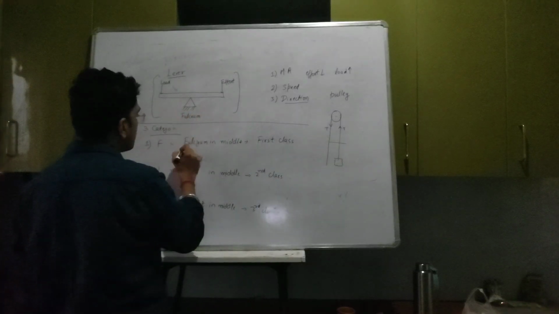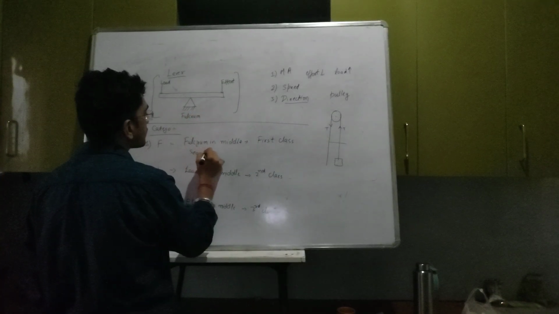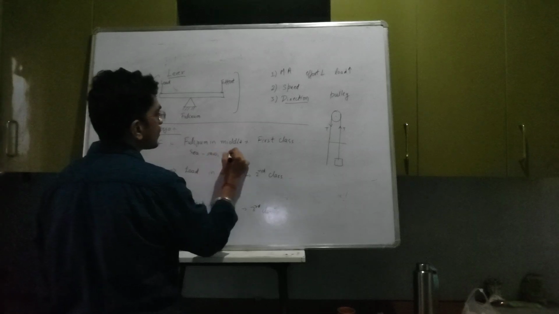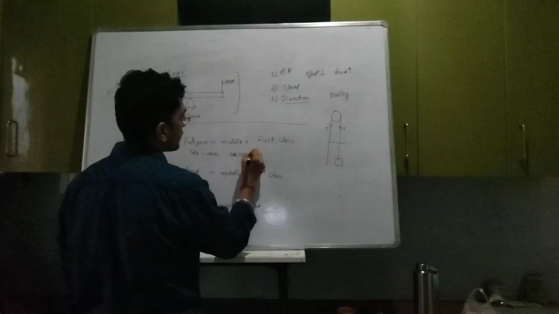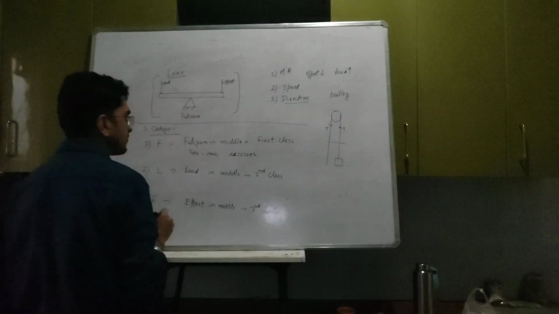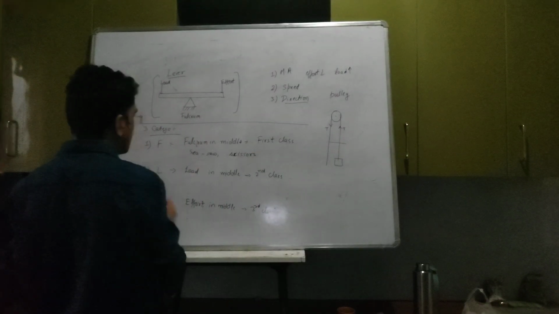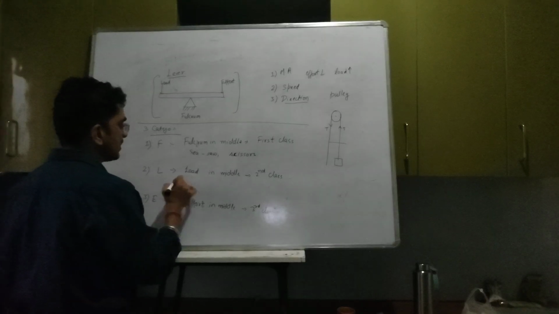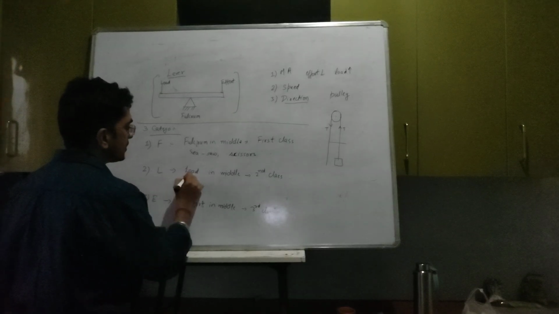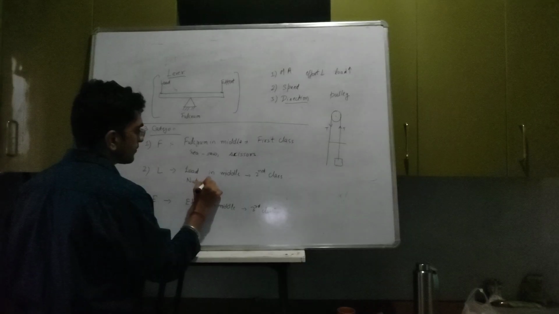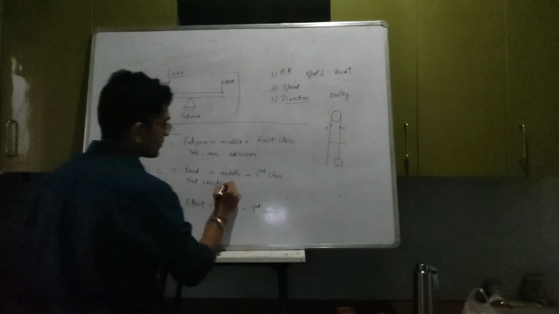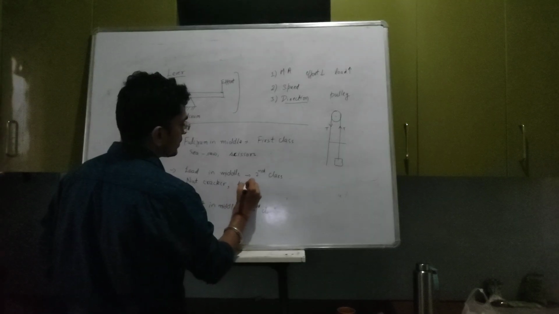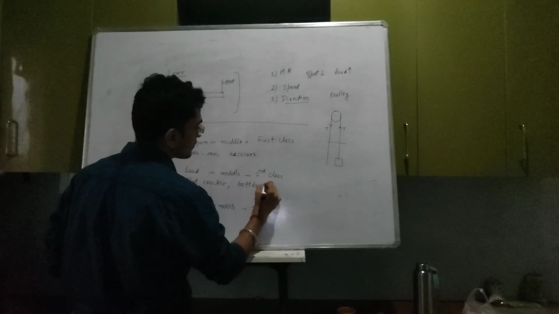An example of the first class of lever is a seesaw, scissors. An example of the second class of lever, when load is in between, is a nutcracker. Nutcracker is a second class of lever. Bottle opener is the second class of lever.